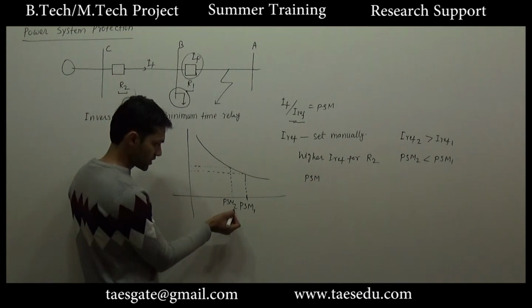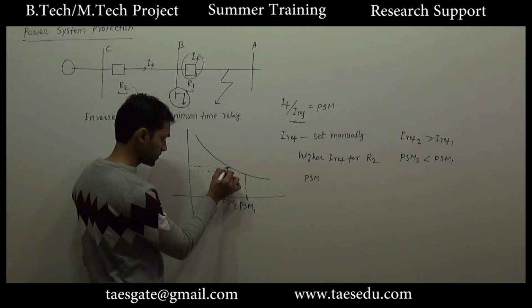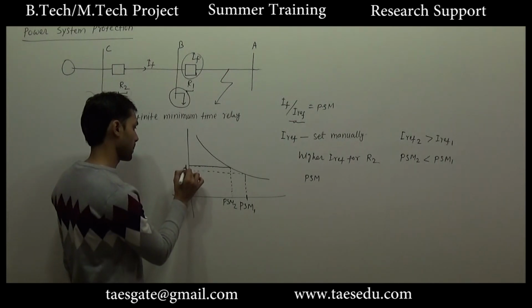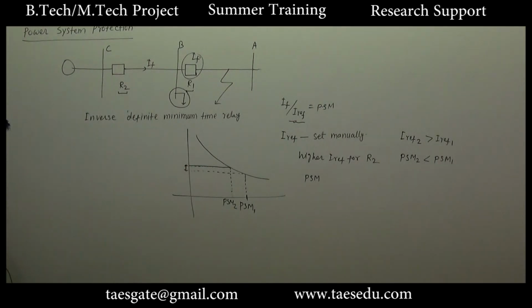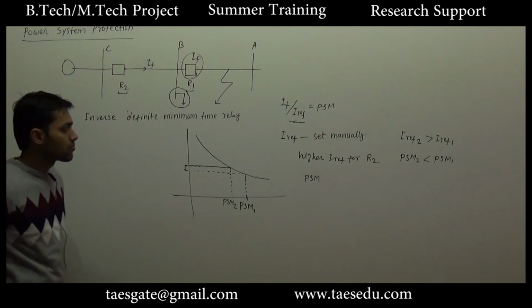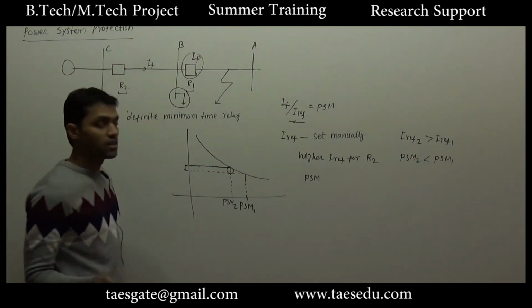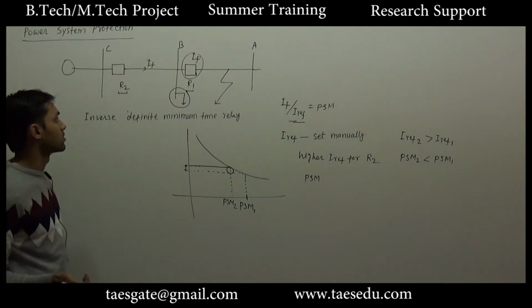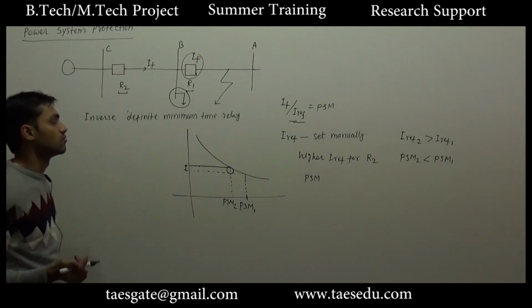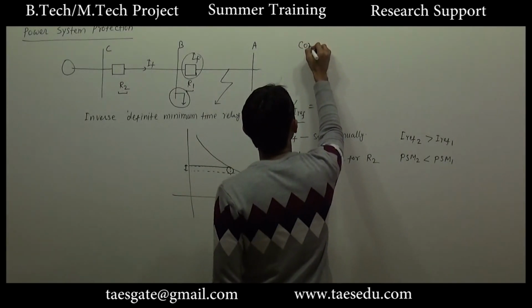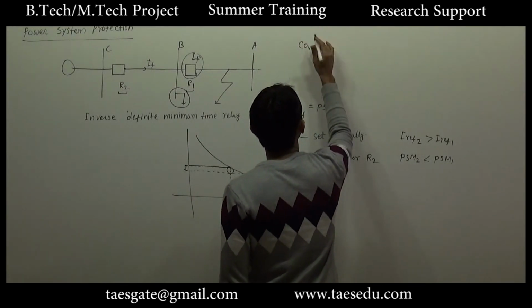So if PSM2 is less, the operational time for relay 2 will be higher. But this option does not always provide a sufficient time interval. We want a sufficient time interval between the operation of relay 1 and relay 2. That interval is known as the coordination time interval, CTI.